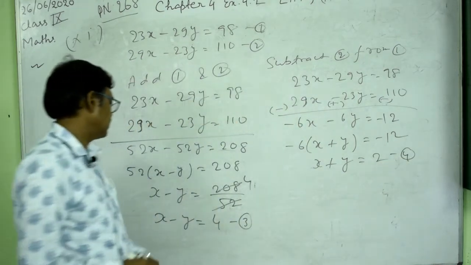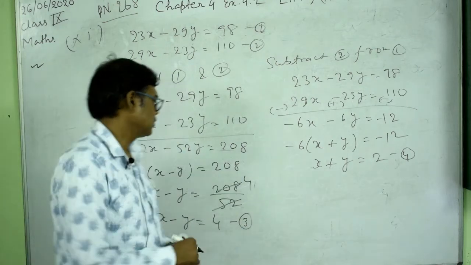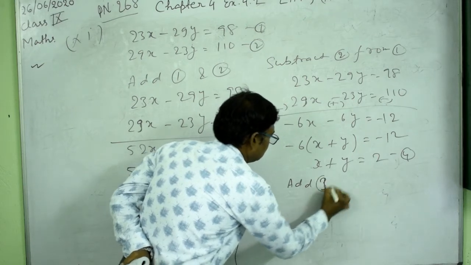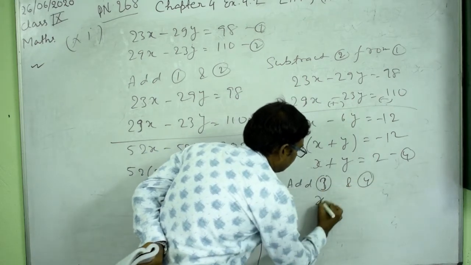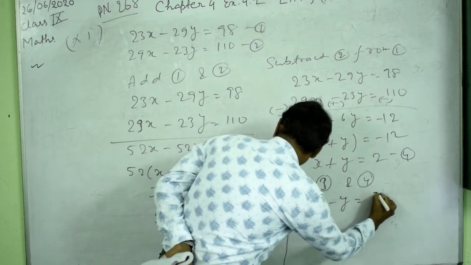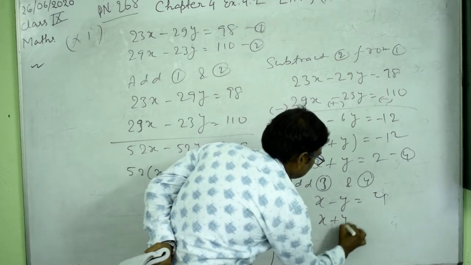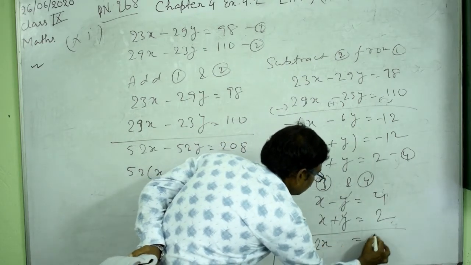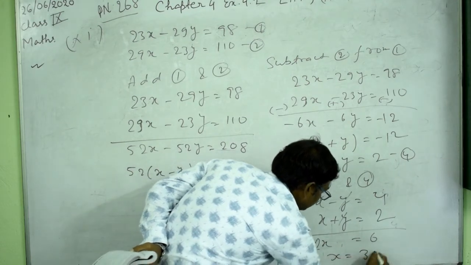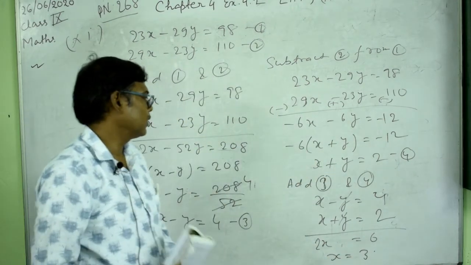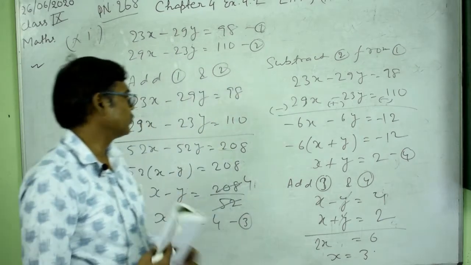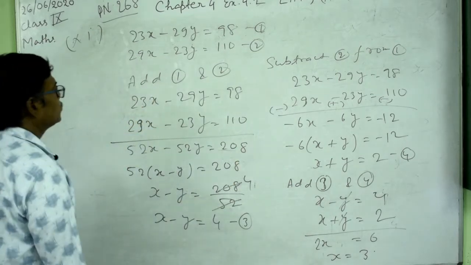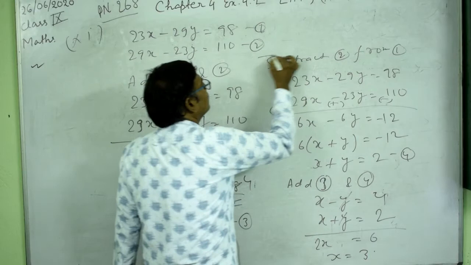Now solve these two equations, x - y and x + y. So add 3 and 4. You have x - y = 4 and x + y = 2, and when you add you will get 2x = 6, then x = 3. So now see, you have got the answer x = 3, and then put x = 3 in this or this equation, you will get the value of y.